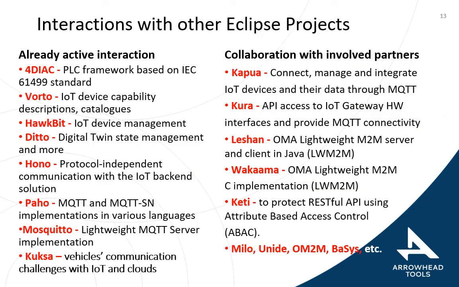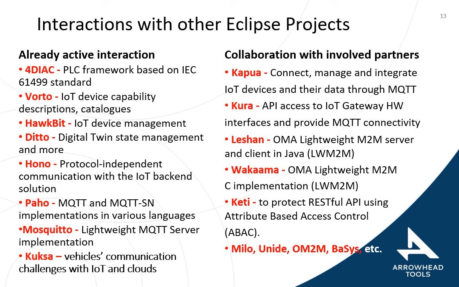And as well as internal to Arrowhead, we have external systems and projects which we interact with. We have already active interaction with the projects on the left-hand side: 4diac, Vorto, Hawkbit, Ditto, Eclipse OPC UA, Eclipse Paho, Mosquitto, or Kura. These are all Eclipse projects, as you know, and probably worked with.